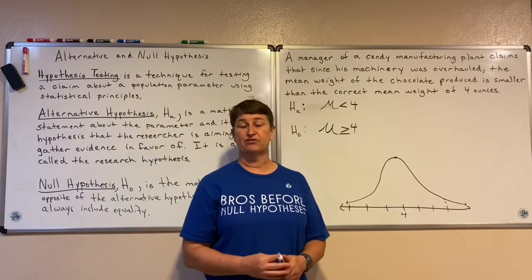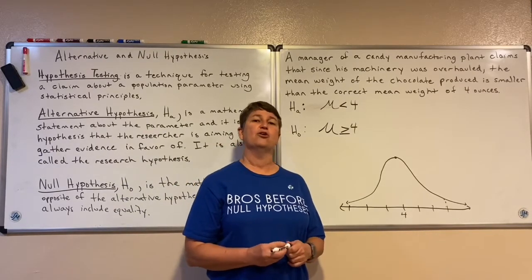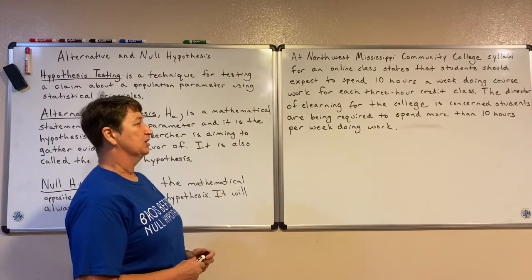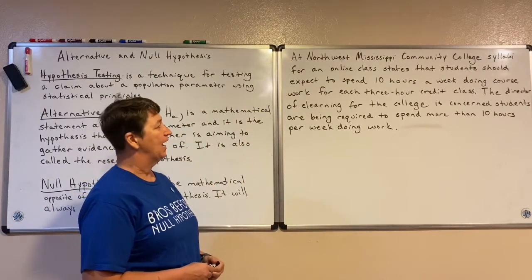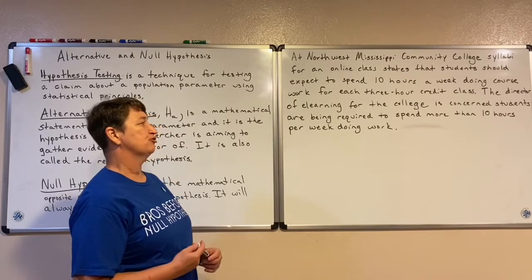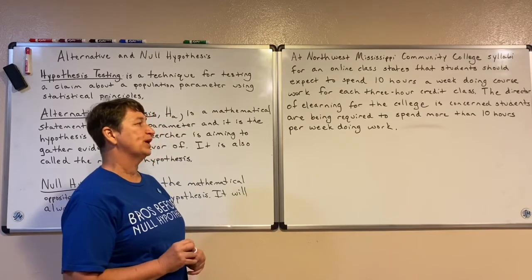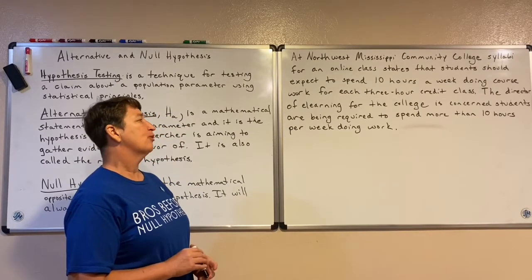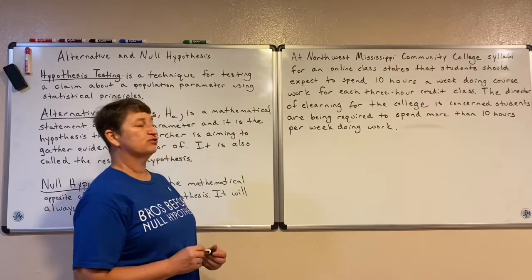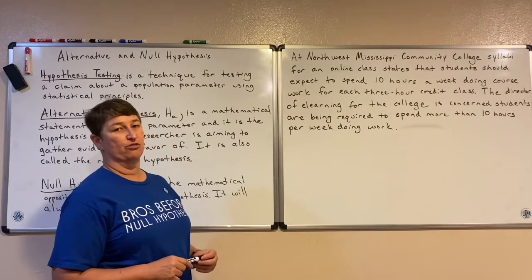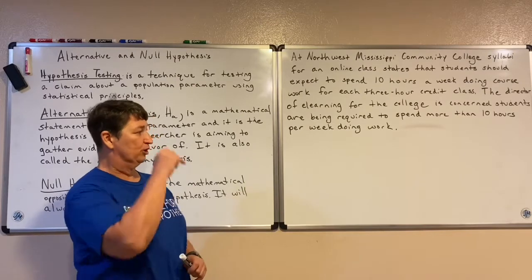Let's do another example where we find that alternative and null hypothesis. So here at Northwest Mississippi Community College, syllabi for an online class state that students should expect to spend 10 hours a week doing coursework for each 3-hour credit class. The director of e-learning for the college is concerned students are being required to spend more than 10 hours per week doing work.